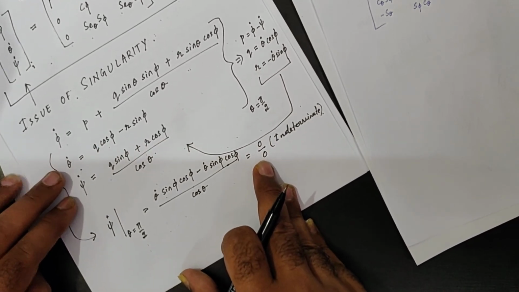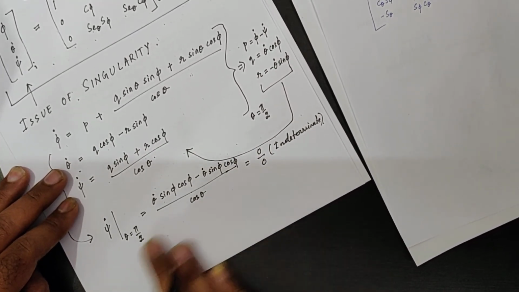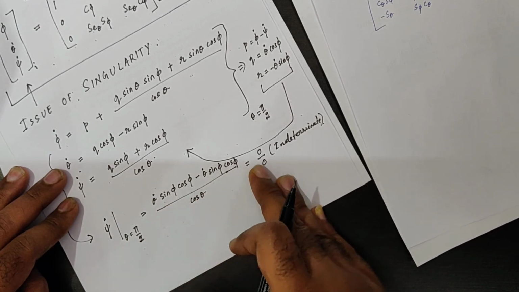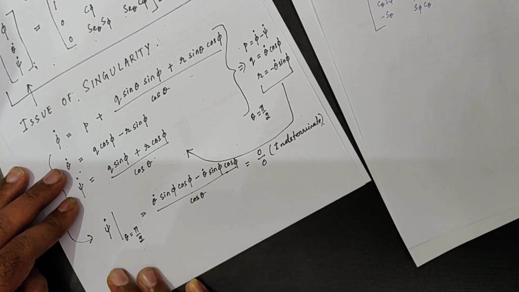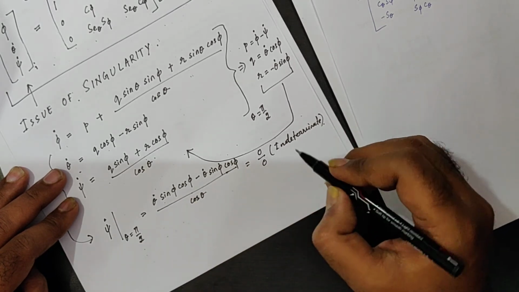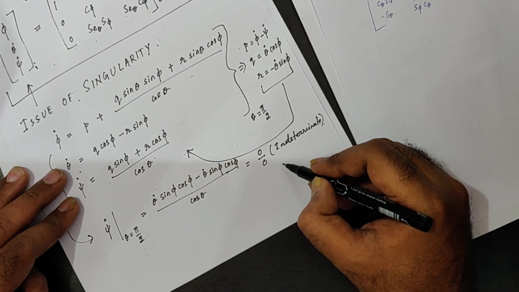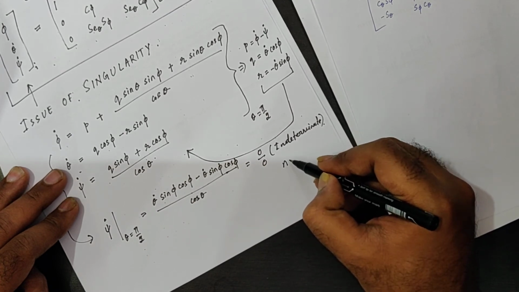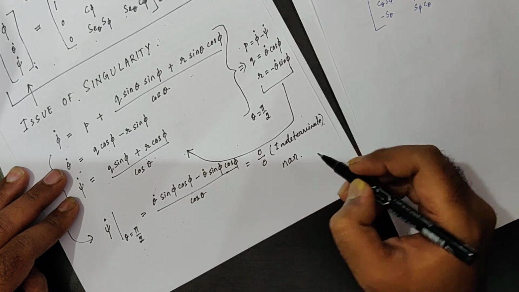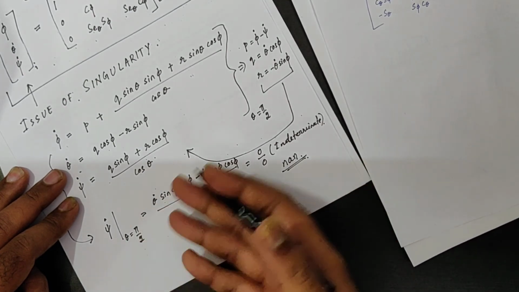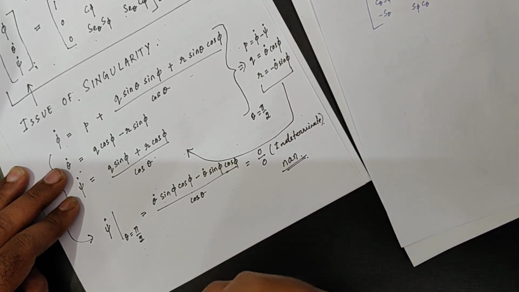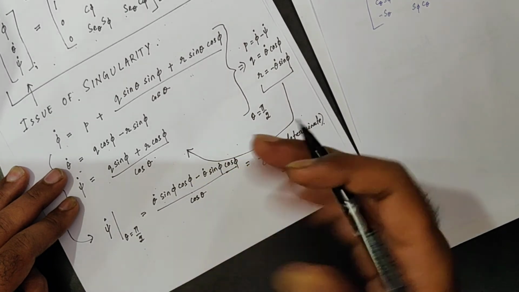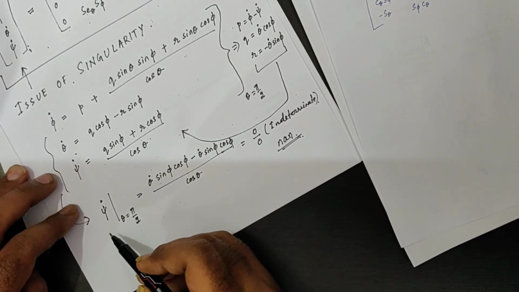And if you are practically implementing it on some computer or microcontroller, these kinds of values will show only NaN, not a number. So the computations will simply explode.